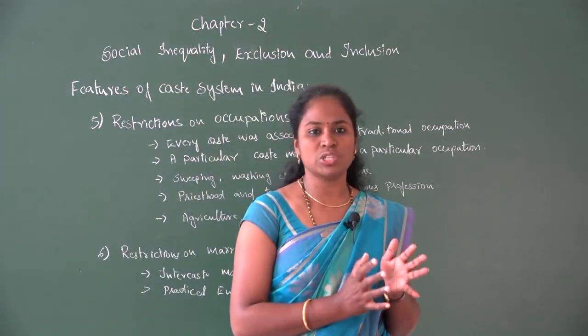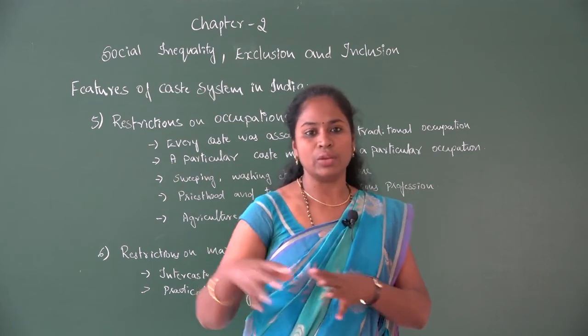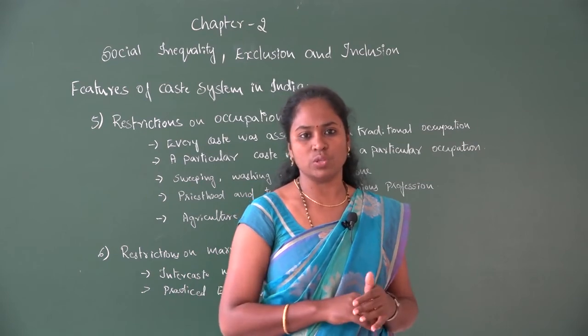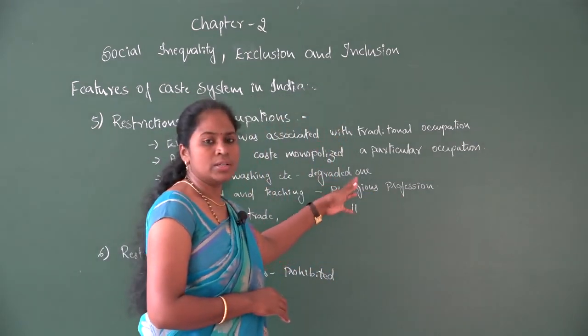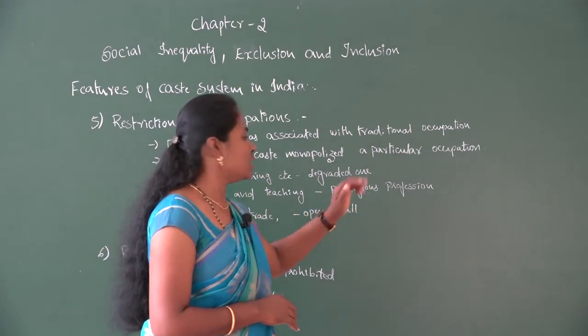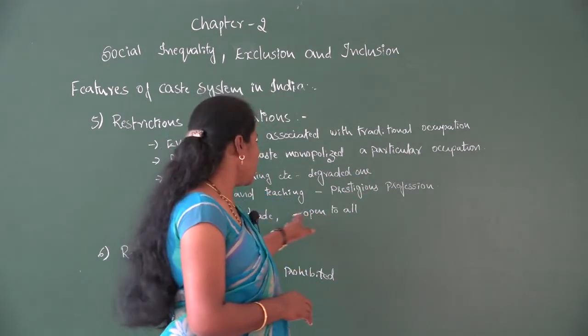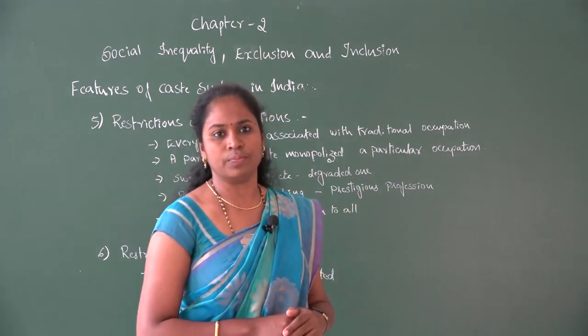Some occupations were called clean ones and some unclean ones. So there was a difference between the occupations also. Sweeping, washing and scavenging were called degraded ones, and priesthood and teaching were called prestigious professions in the society.